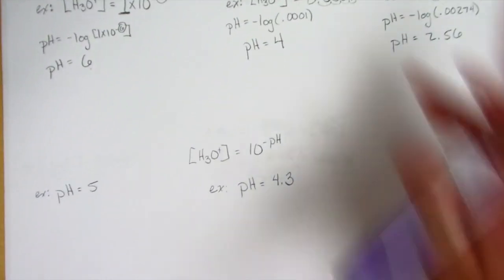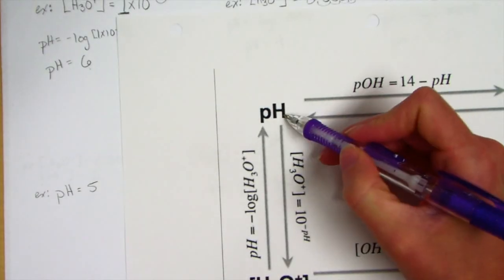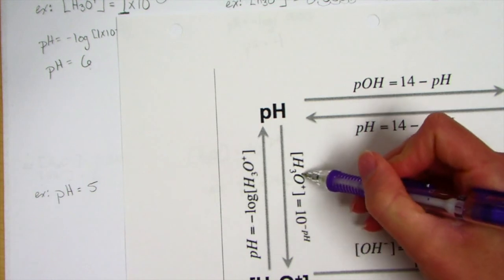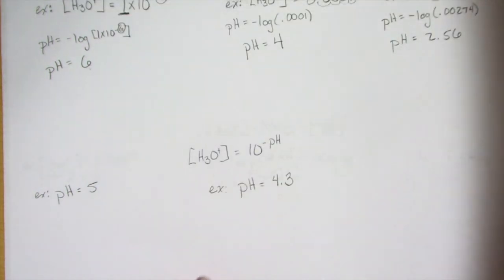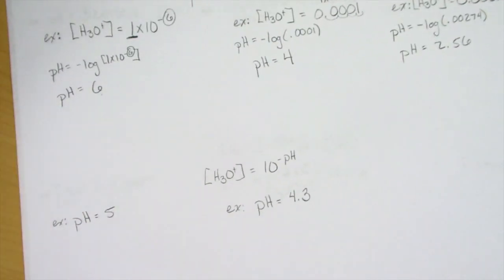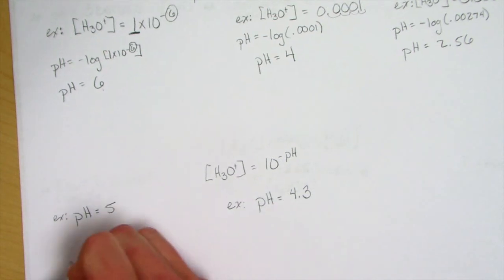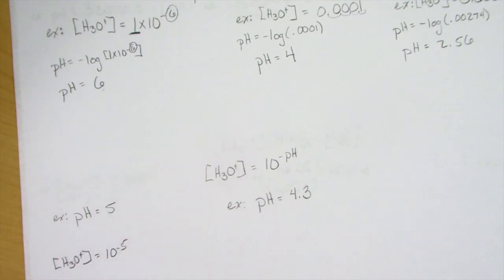Moving to the next part, this would be trying to get the concentration from our pH. So I'm going to use the concentration equals 10 to the negative pH. Our first sample is pretty easy, pH is just 5. So we do the concentration equals 10 to the negative 5.